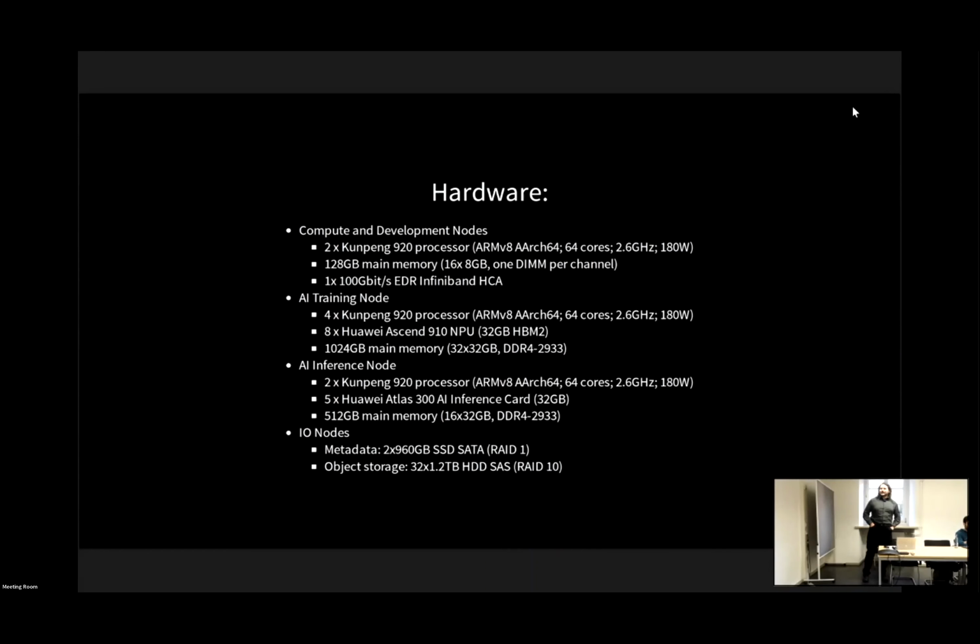We also have I/O nodes, which have metadata on some SSDs and a lot of spinning rust as storage. They are currently running Lustre, and we've previously mentioned there is a bit of a problem with support for parallel file systems on ARM.